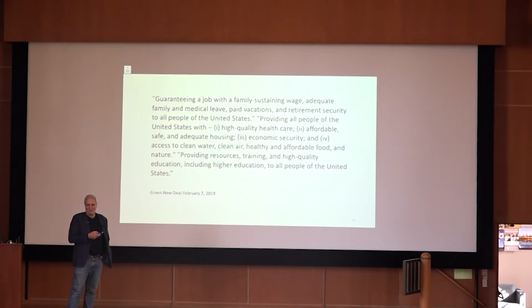Did you find this? It's a subsection H. It's kind of 2/3 of the way through the document. And it says guaranteeing a job with a family-sustaining wage. So that's a guaranteed personal income. Adequate family and medical leave. Down here it says a little bit more about that. So that's universal health care. Paid vacations, retirement security to the people of the United States. So we already provide, arguably.